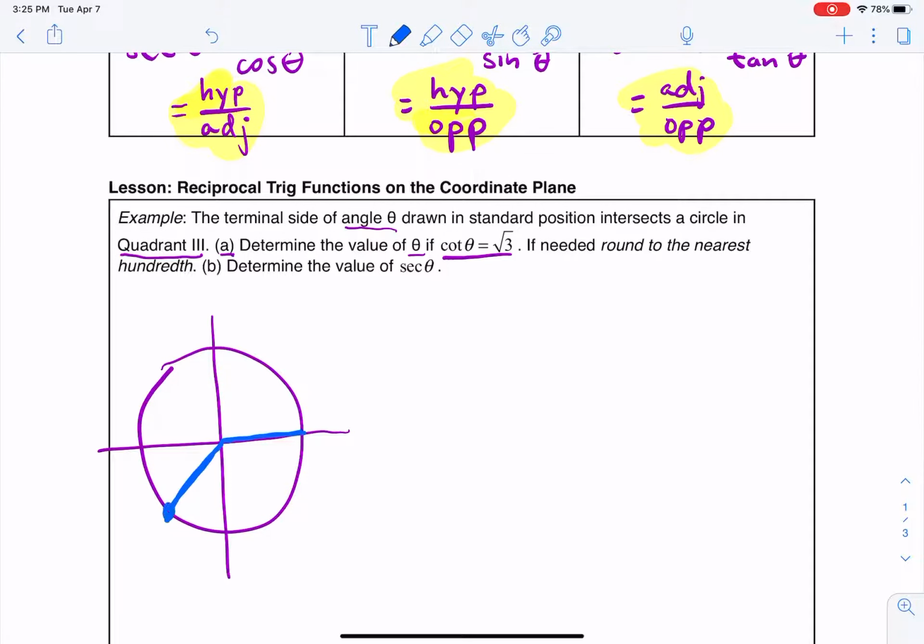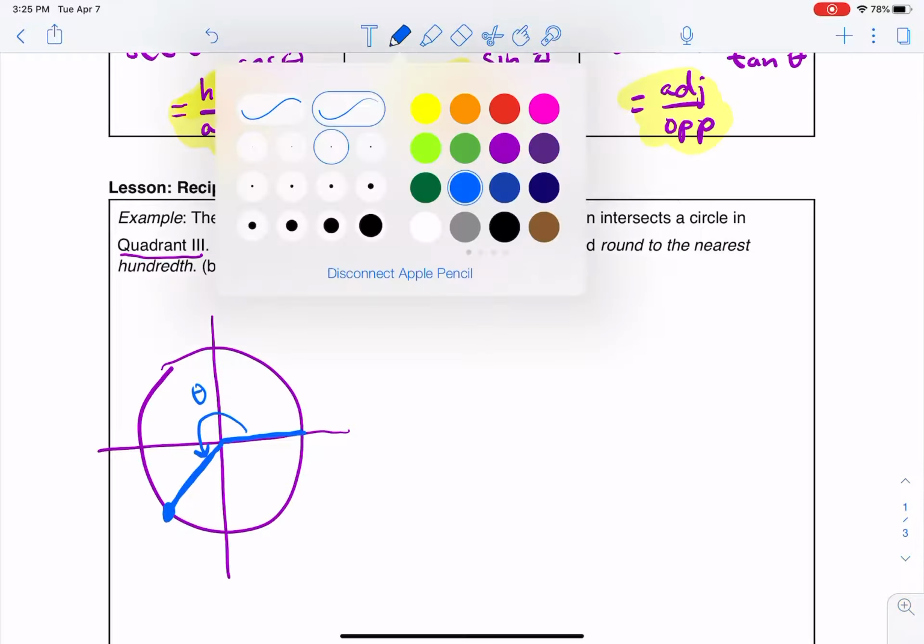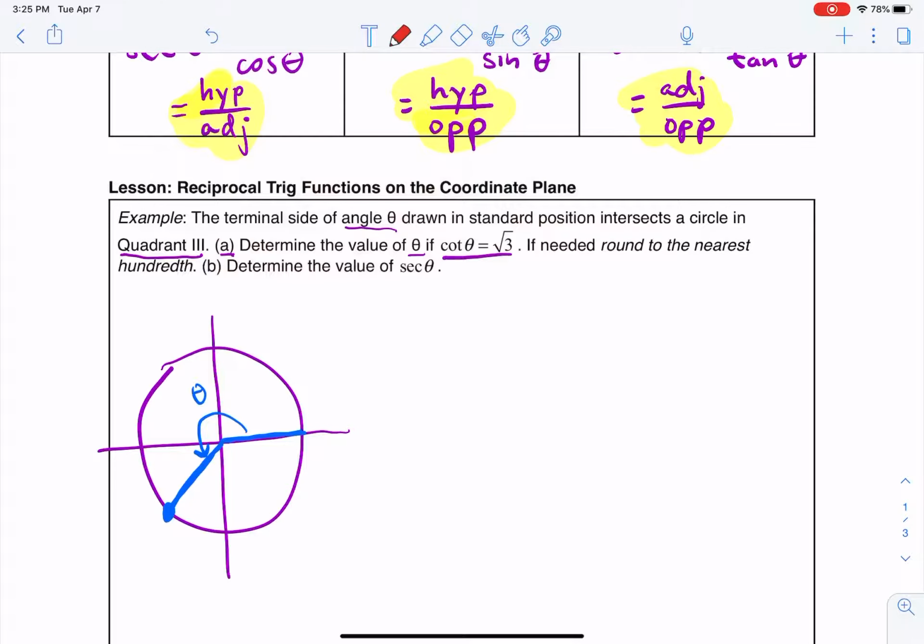Right, there's my point of intersection. Now, we'll just show theta here. And let's go ahead and draw in our reference triangle. So here's my reference triangle here.